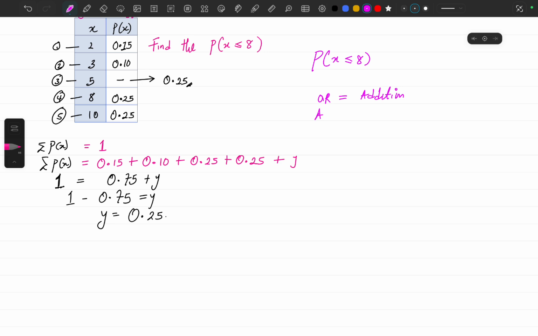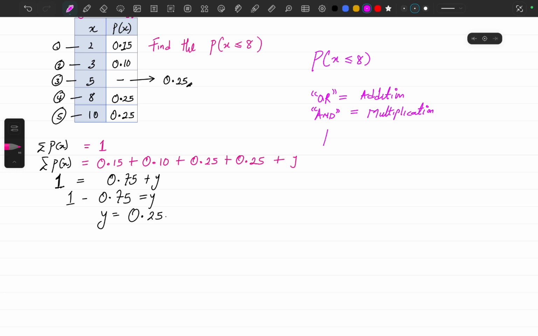And if you see the word "and", that definitely means multiplication. So these are two variants that you want to understand: or is addition, and "and" is multiplication. You just don't want to mess that up.